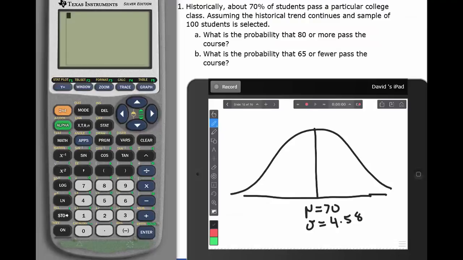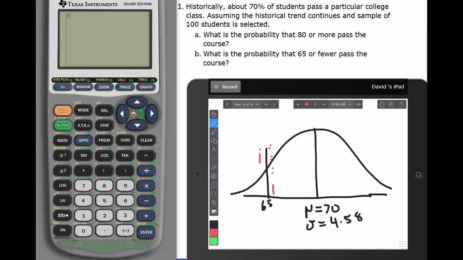Okay, for part B, we want to know the probability that 65 or fewer pass the test. So we have our same mean and standard deviation that we had before, and we want to go from 65 down, but we want to include all of 65. So if this is 65, we would have to go halfway on either side of that.